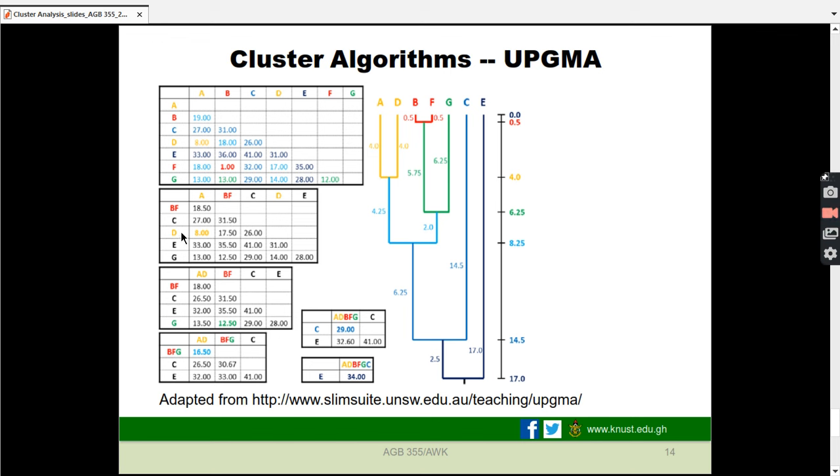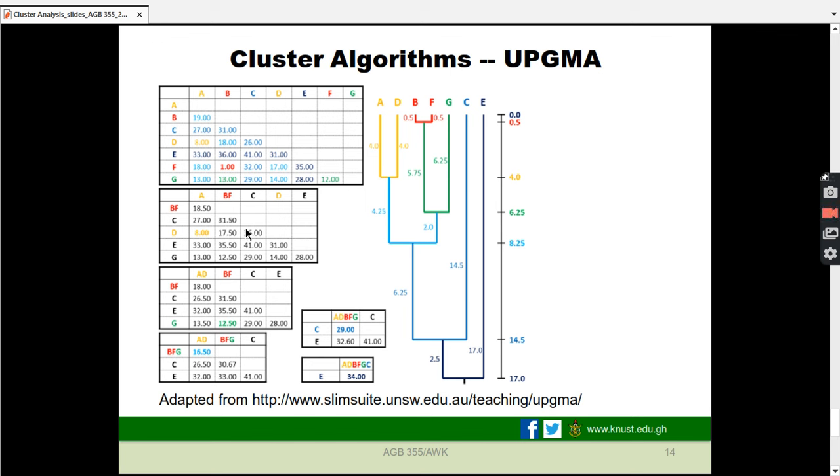And between D and BF, you would have to find the average. BD is 18 plus DF, which is 17. When you add and find their average, you get 17.5. And DC is 26, so you repeat it.